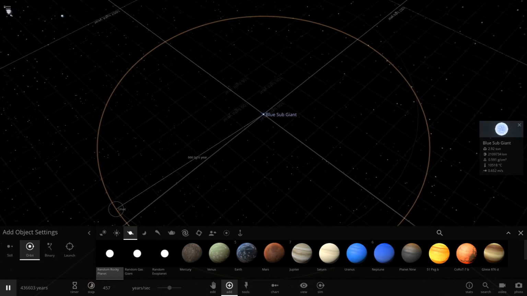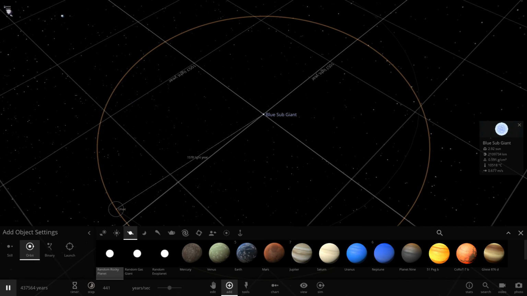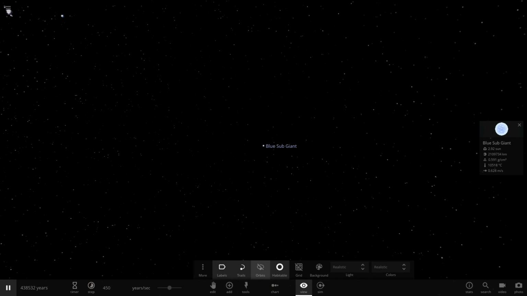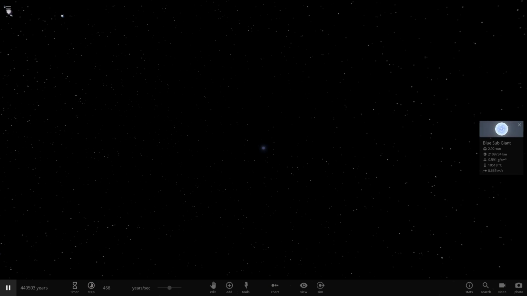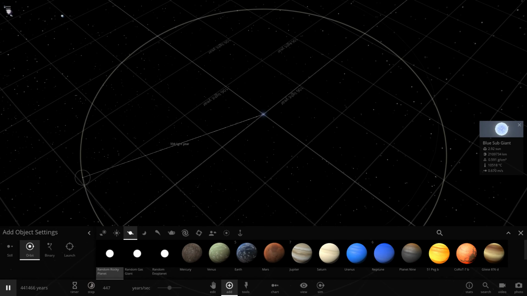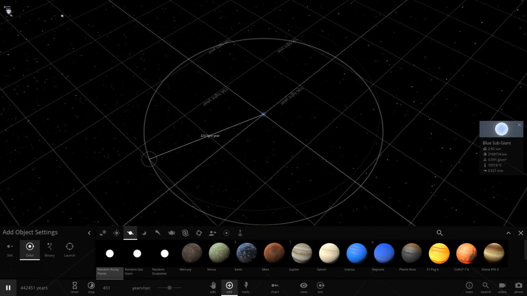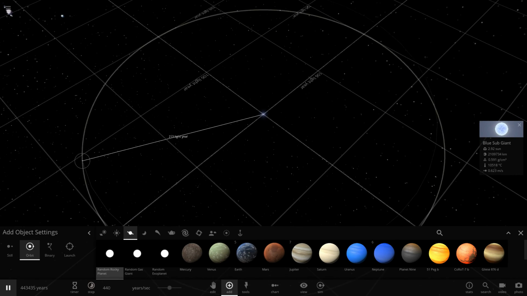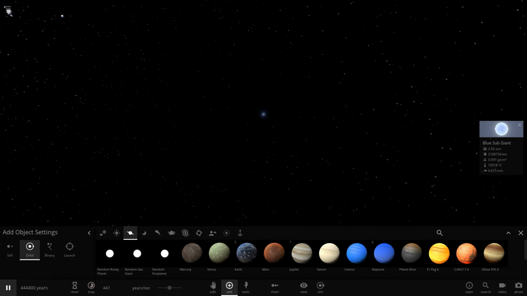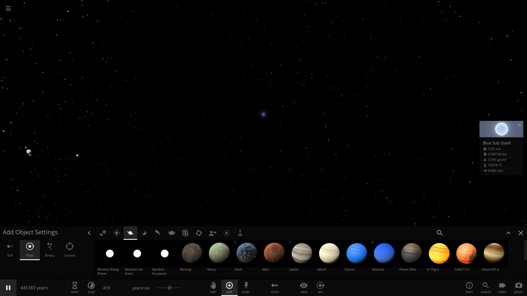Let's see how far this gets away. That's 300, about 400 light years, 200 light years.